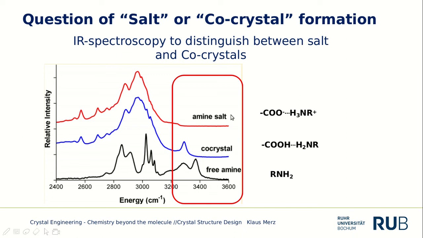In the case of a salt, it's void; you see no vibration mode. In the case of a co-crystal, you see the vibration mode, but it's shifted. You see it very nicely. IR spectroscopy is a very helpful method to distinguish between the different products.